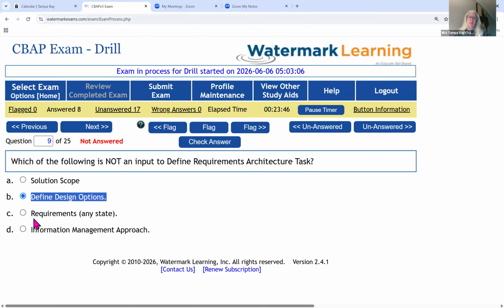Okay. Let's check the rest of them just to be sure, as though we're on a test. You do need requirements life cycle. Is that correct? Yes. And information management approach? Yes. Okay. So we've come down to B is the one that is not an input.